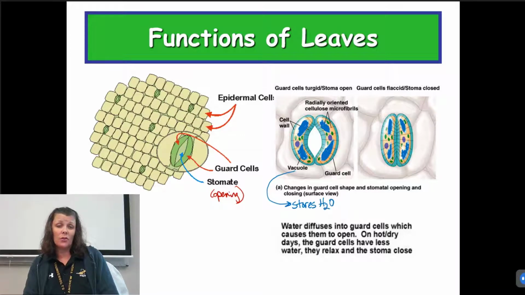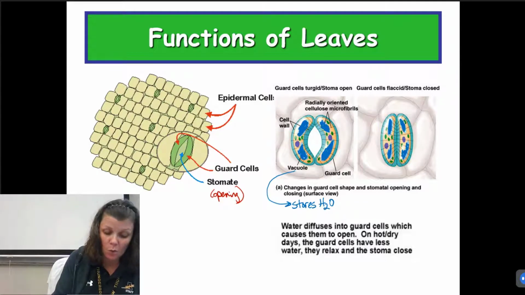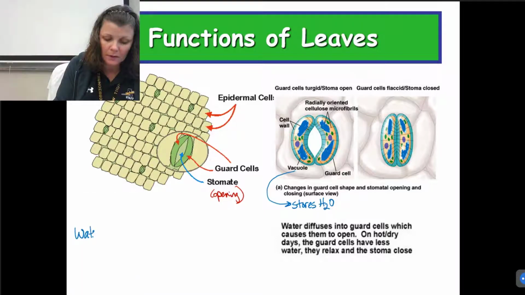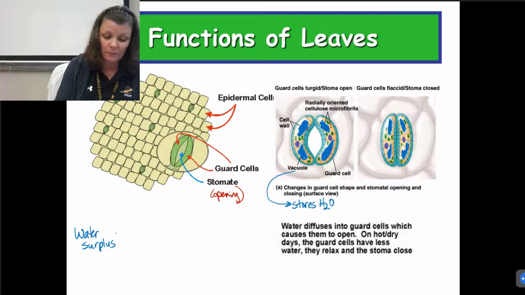So when a stomate is open, it means it has to have extra water stored, right? So when there is a water surplus, that means that there's lots of it. A water surplus means that there are full vacuoles.